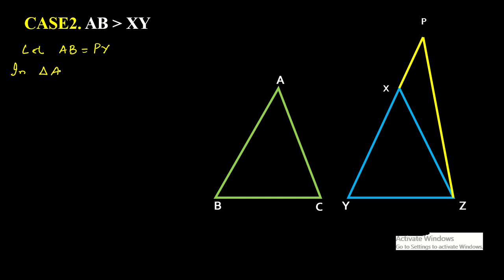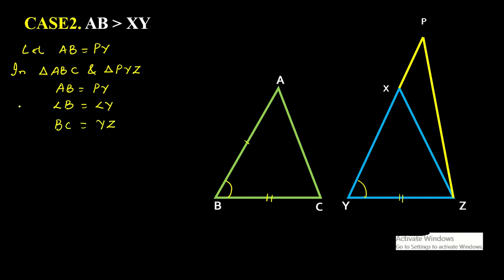In triangle ABC and triangle PYZ, we suppose that AB is equal to PY. Then it's given that angle B is equal to angle Y. Also, it's given that BC is equal to YZ.